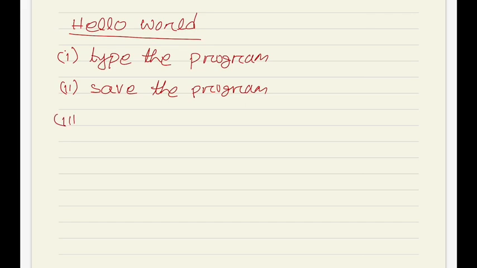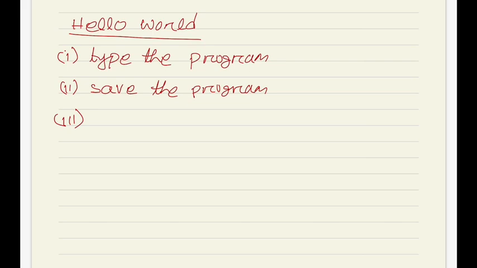In the third step, we use some command to compile the program. If the program has syntax errors, you will get those syntax errors, and if it does not have any, you will get a compiled version of the program.